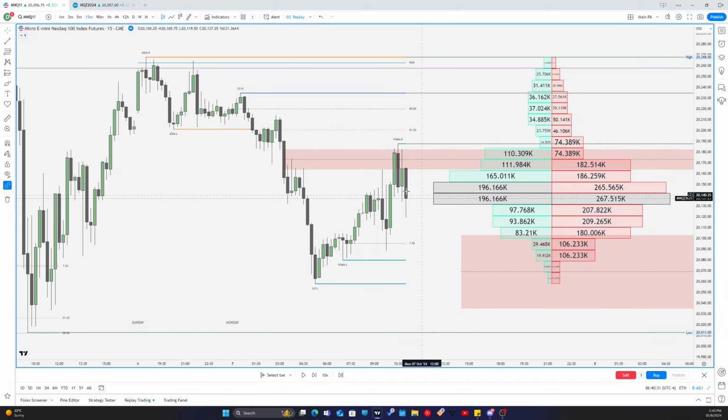They unload. Now a bit of indecision here. So if price at this point in time would form clear bullish flow, then price would have gone to the highs here.